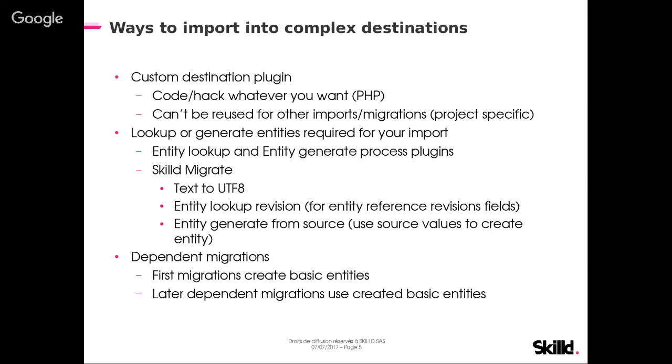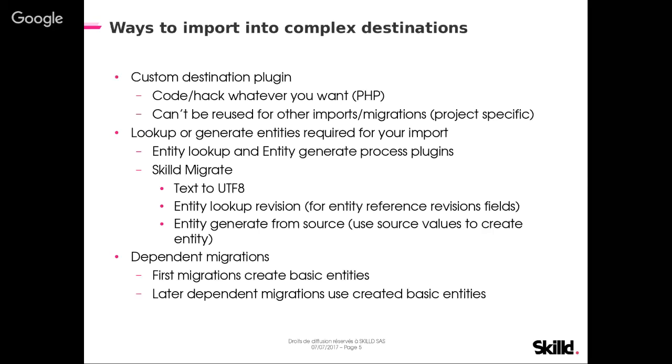But it has some drawbacks. This code is really project specific and it can't be reused for other imports or migrations. And this is PHP, so it can contain bugs, or things that are not according to the Drupal coding standards. So basically, the main drawback is that you can't reuse this code on another project.